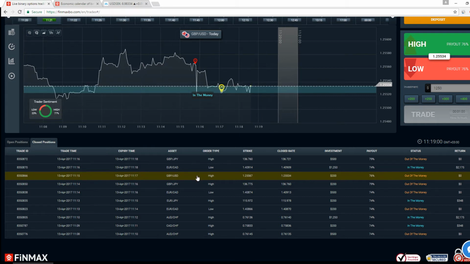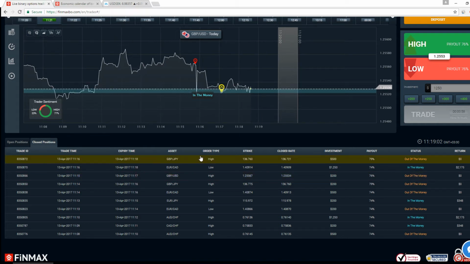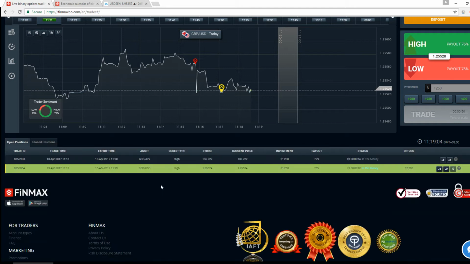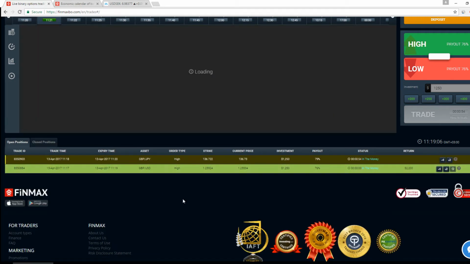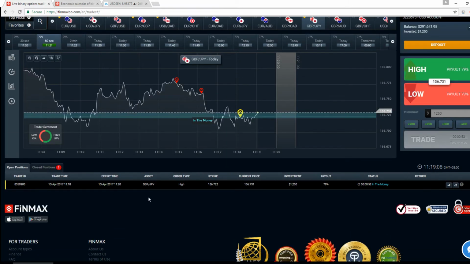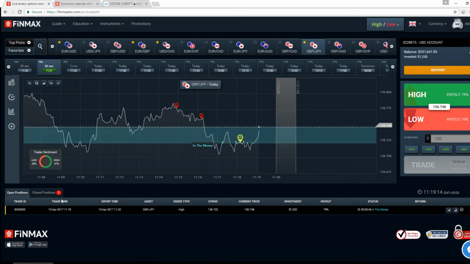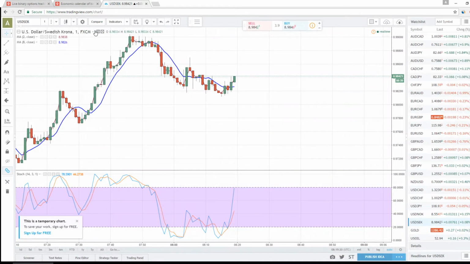British pound to Japanese yen, not yet. It's open for now. And okay, British pound to USD, also good. Let's see what we have here.